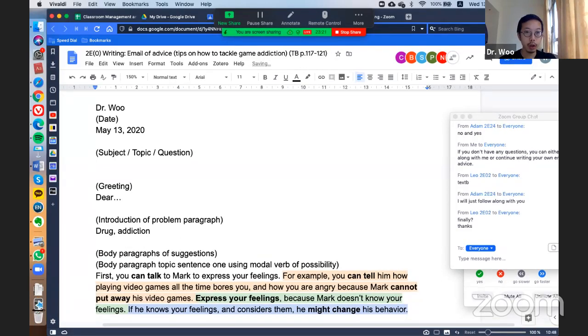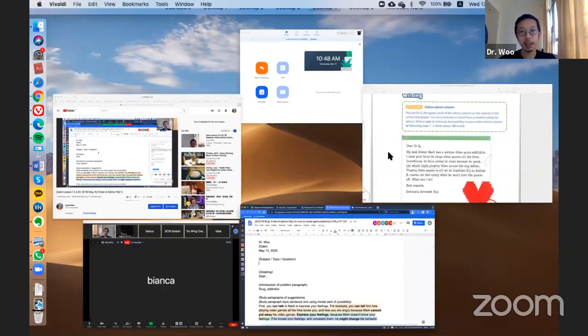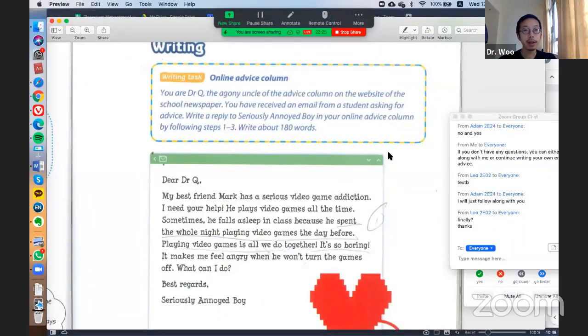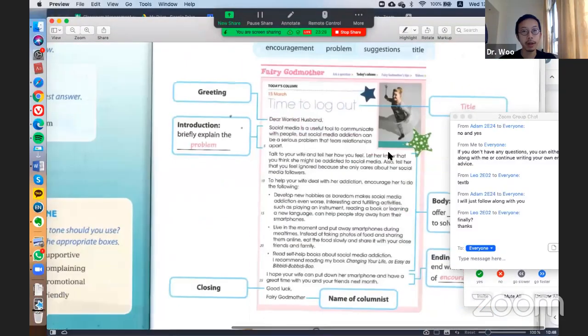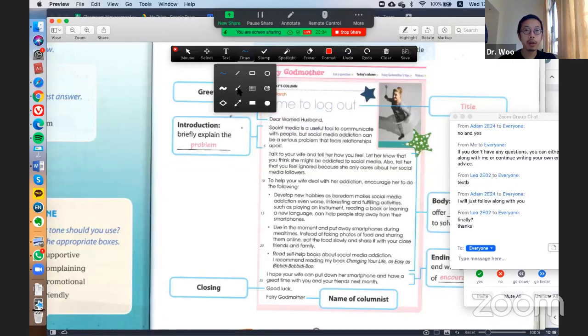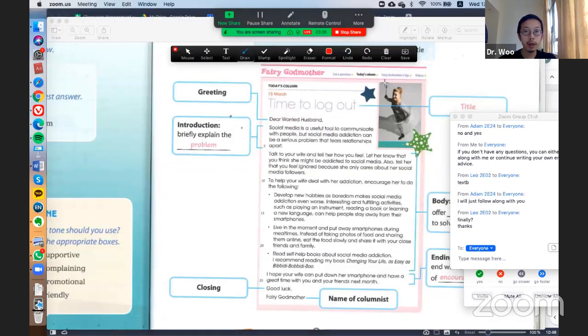So you should, even though it's not given here in the task prompt, oh, here it is. Oh, great. You should include a title, right? Thankfully, we see the date here too. So we see a date, now we see a title.